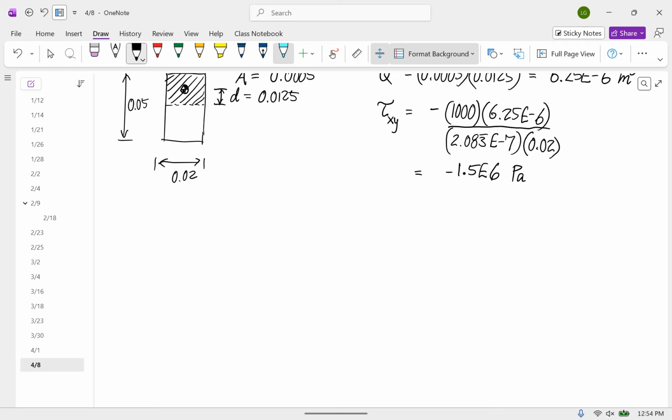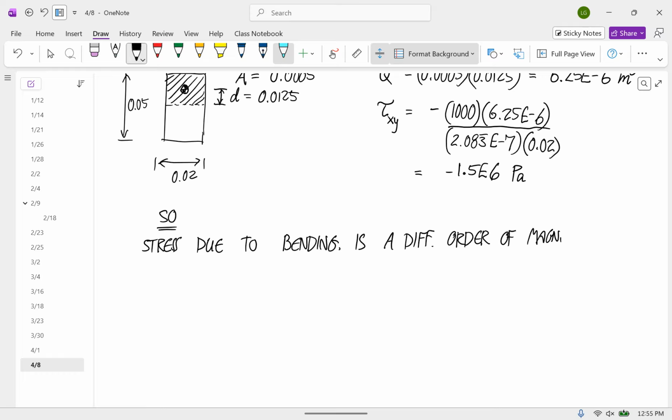Okay, so what did we learn there? The stress due to bending moment is a different order of magnitude than the stress due to shear force.